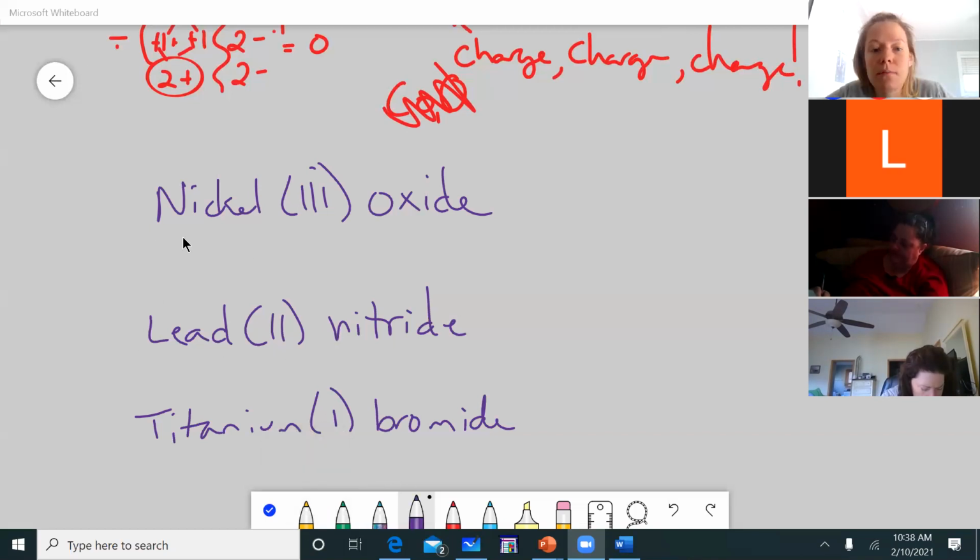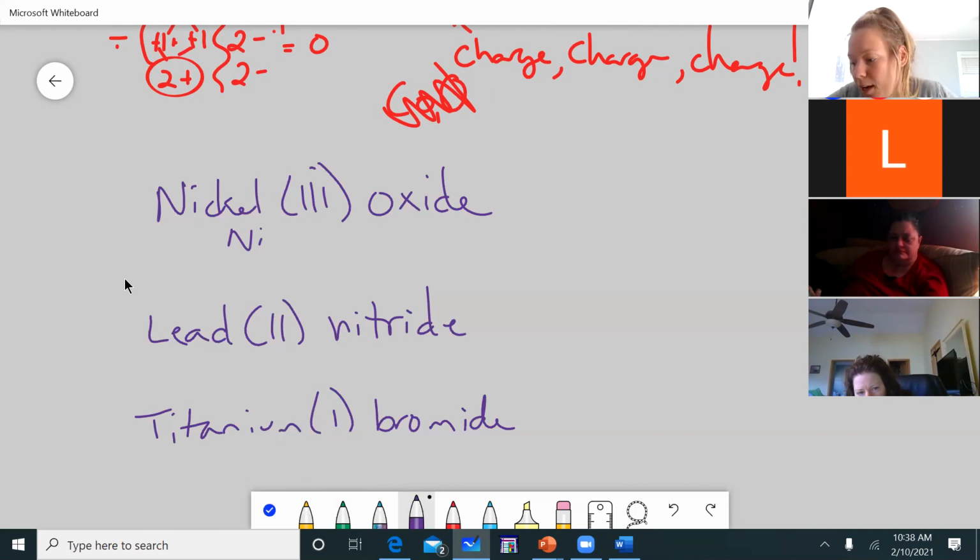Okay, so if you've got a name and you're trying to write a formula, nickel, you write the symbol for nickel, Ni, and then you may instinctually go to your periodic chart and think, oh no, its charge isn't there. What is its charge? Well, that's why it's written here. That's why you have to put some sort of number there.